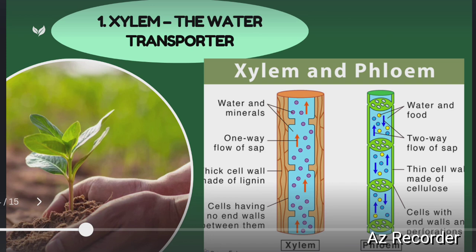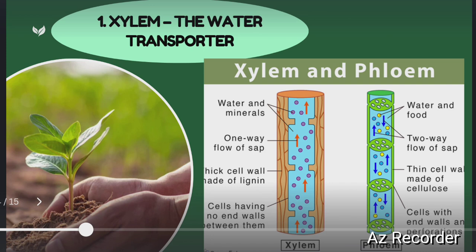That's why the phloem transports food in both directions, upward and downward. This process is called translocation. Translocation is nothing but the food transportation in both directions.